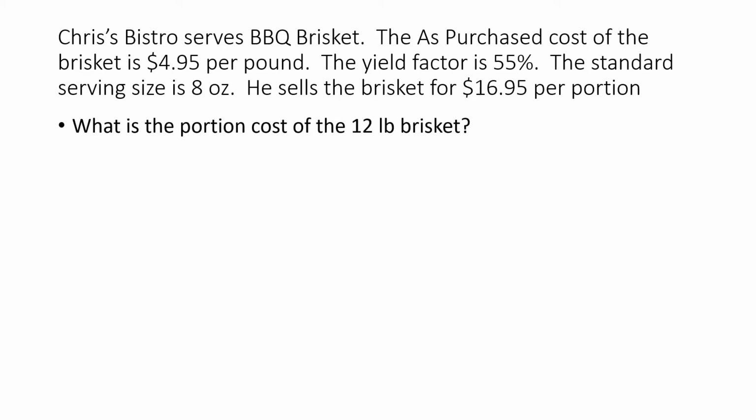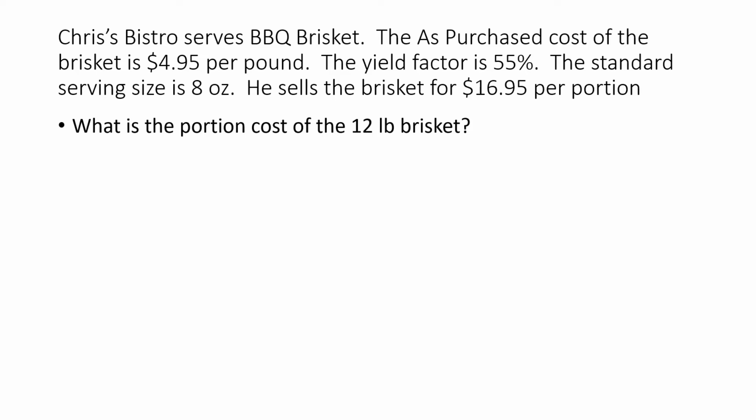Okay, number 3. What is the portion cost of the 12-pound brisket? Now I'm going to preface this with there's a way to use the as purchased cost and the yield factor percentage to calculate what our cost per portion is, but I have an even easier way to do it.